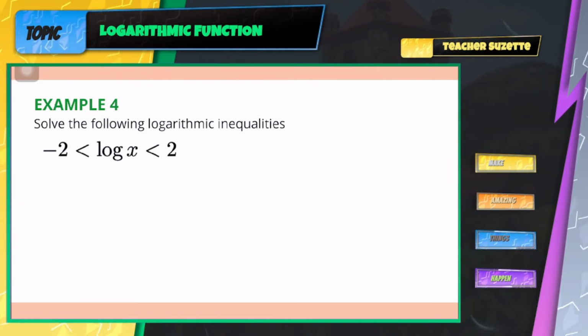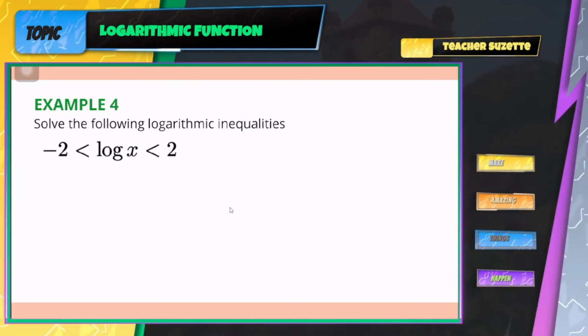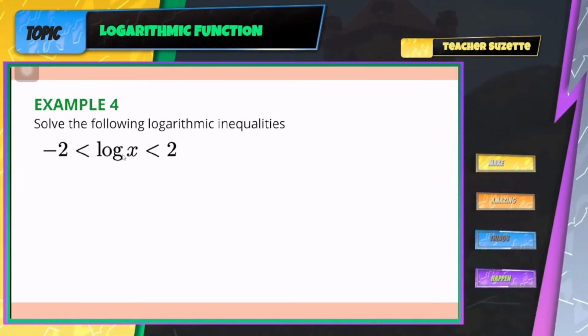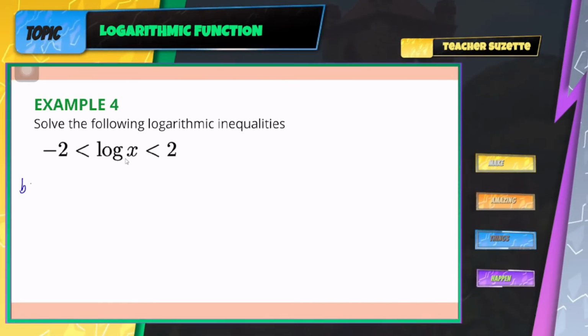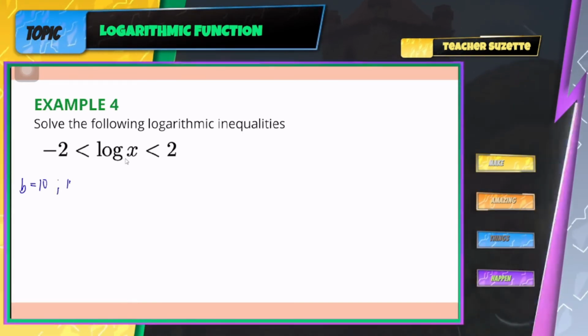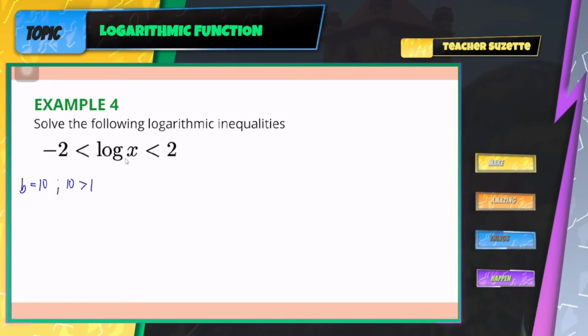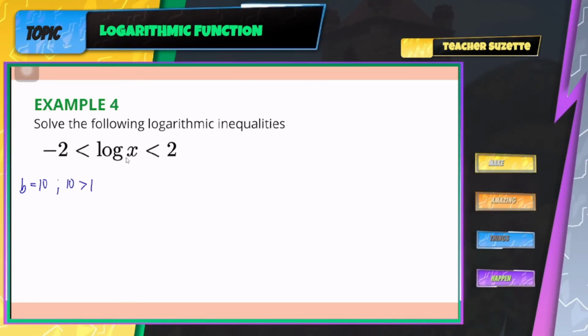And ensure the inequality is satisfied. For the base, we have no problem. Our base here is equal to 10, and 10 is greater than 1. So, we will not make any changes to our inequality directions.